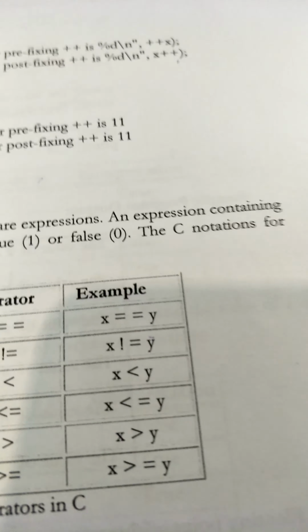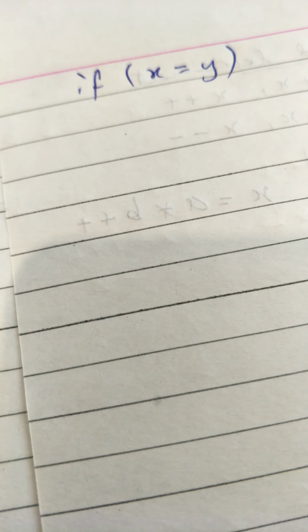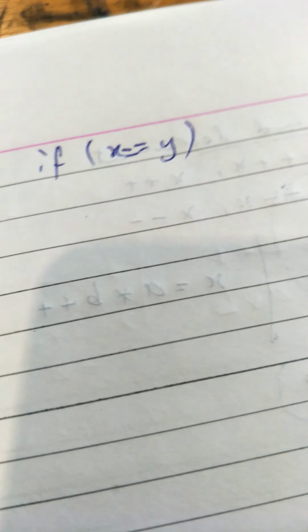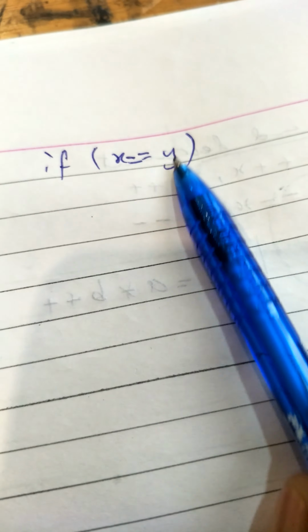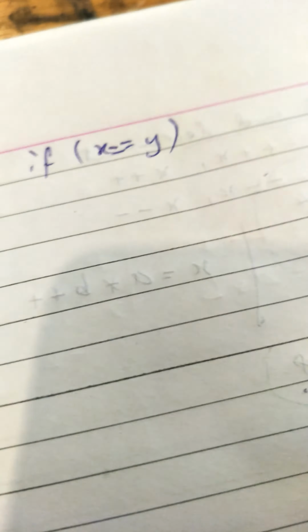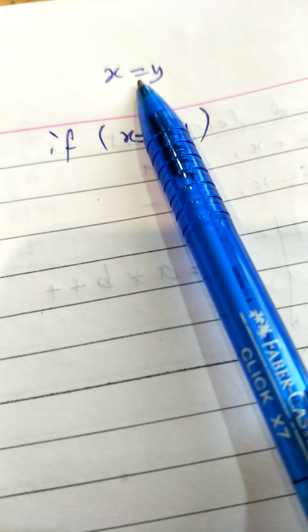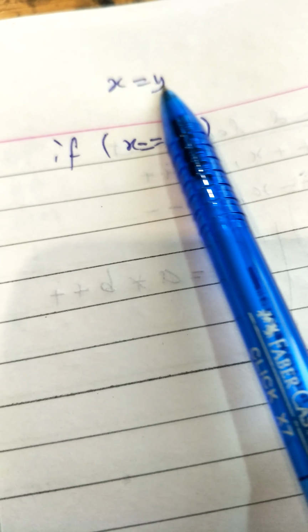If you write x equal to y with a single equal, in this case the compiler will give you an error. The compiler won't understand what this is. So what we can do is put double equal there, which means if x equals y. But if you just write x equal to y like this, what is the difference between that and that? This means x takes the value y.